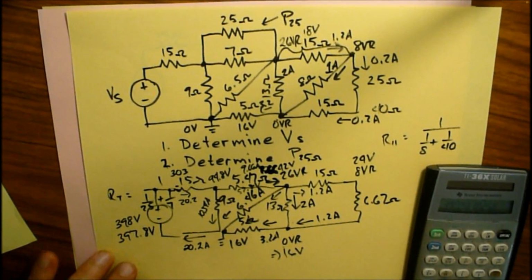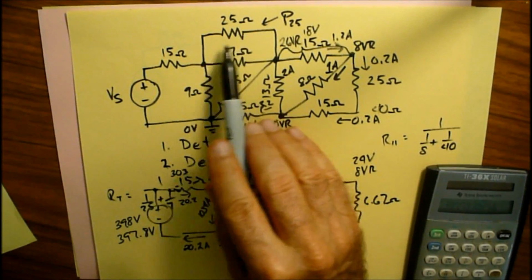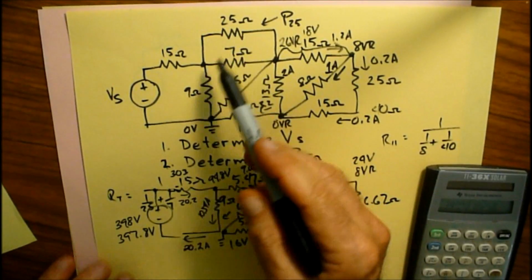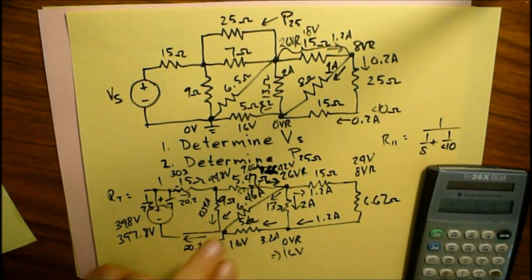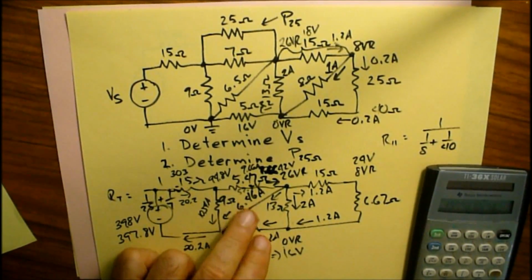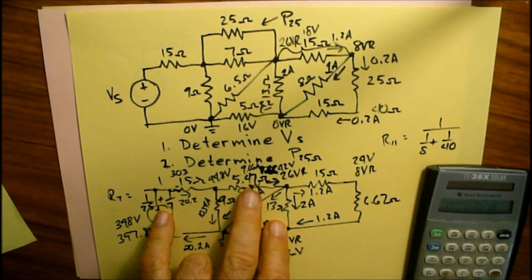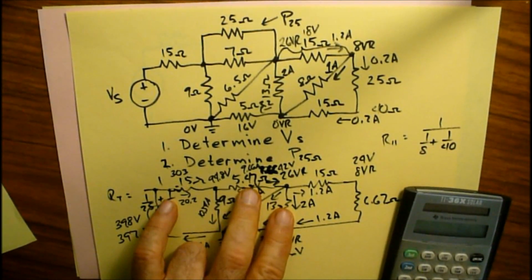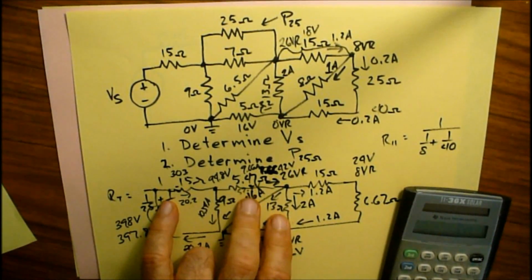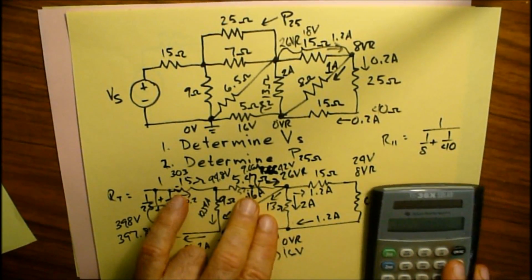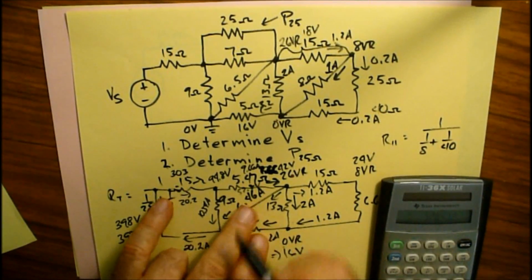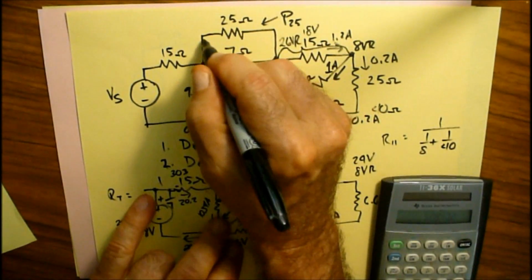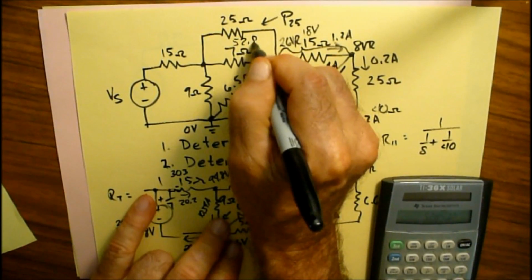Okay. Now, the power through the 25 ohm resistor is pretty easy to figure out. We've already determined that it is, basically, what did we say? It's 9.66 amperes times 5.47 ohms. It says it's a 52.8 volt drop. So across this resistor we have a 52.8 volt drop.